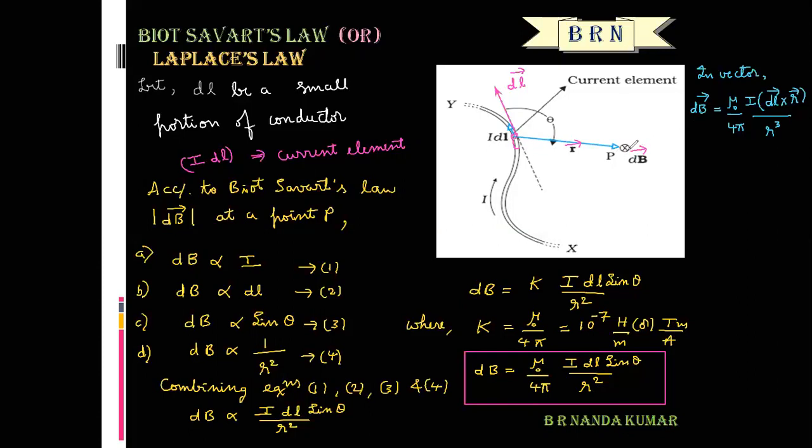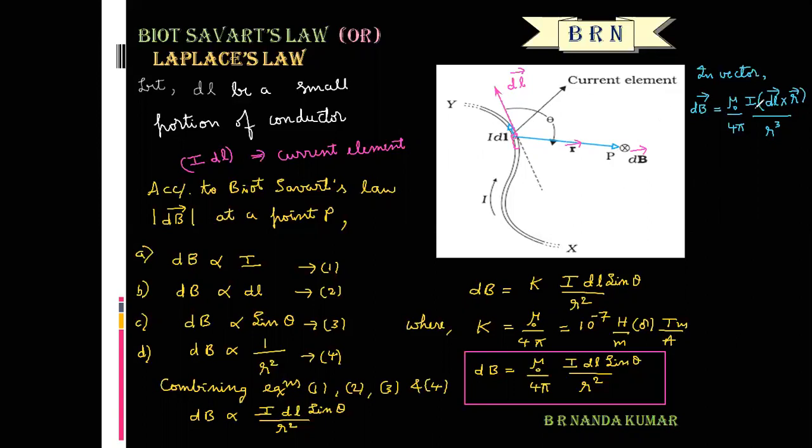Okay, actually here this is the direction of dB vector. Cross mark indicates dB vector is normally inwards. So dB vector is perpendicular to the plane containing the two rotational vectors, dl vector and r vector.